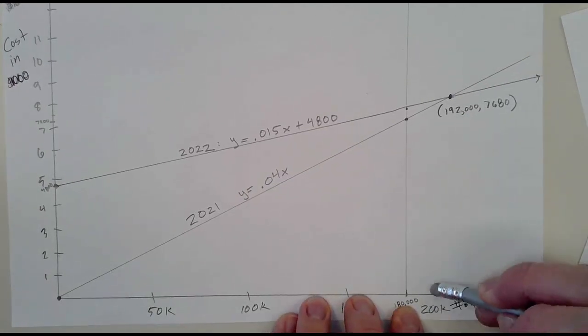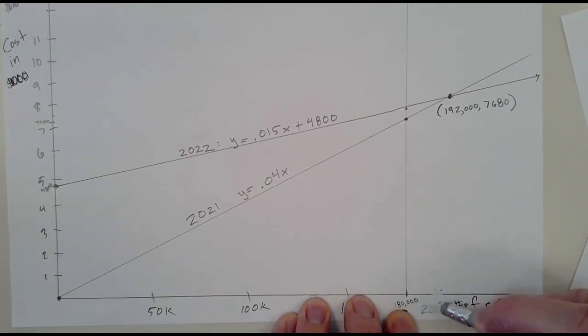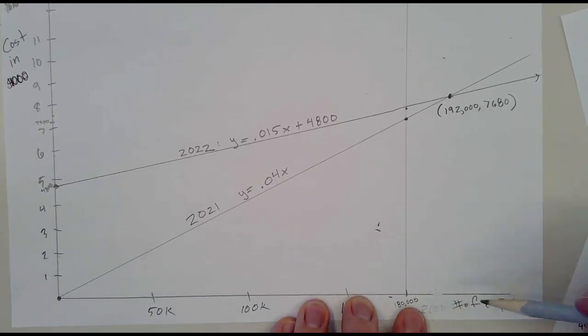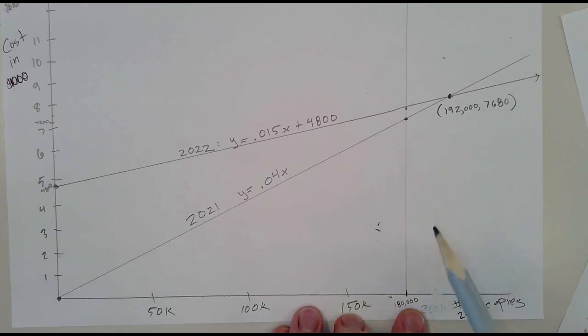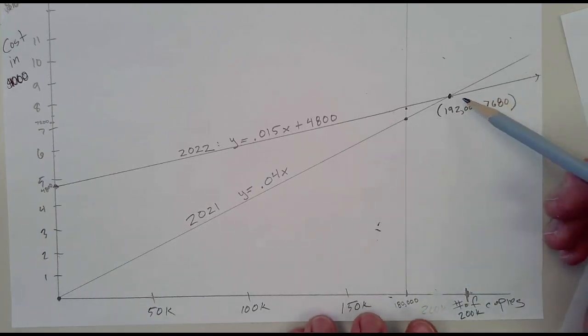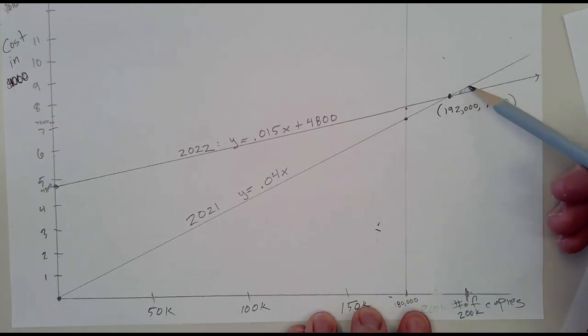The reason I probably didn't label this right is because 200,000 needs to be somewhere more like over here. Okay. So anyway, 200,000. And the point of this is so that you can see the savings. The savings are right here. So this is how much we're saving.